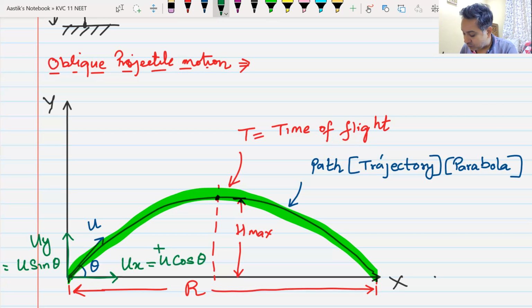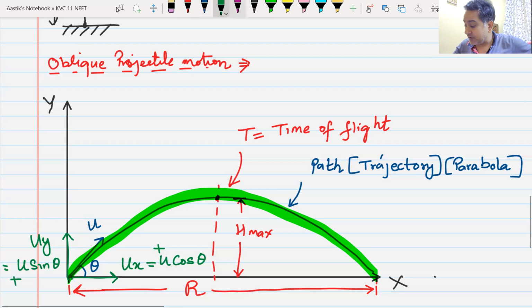I will call them plus u cos theta and plus u sin theta, because I have to take a sign convention. This is positive and this is positive. So uy is plus u sin theta and ux is plus u cos theta. Do we understand this?